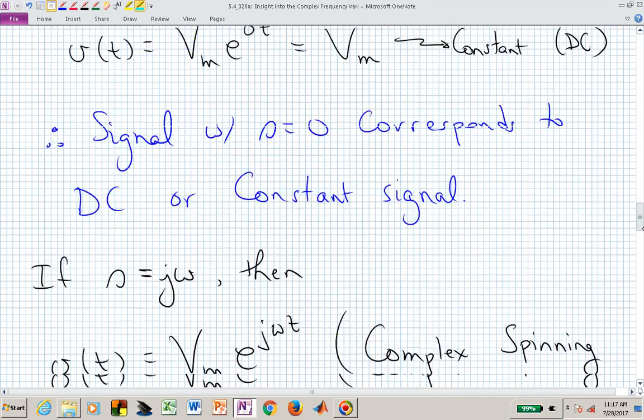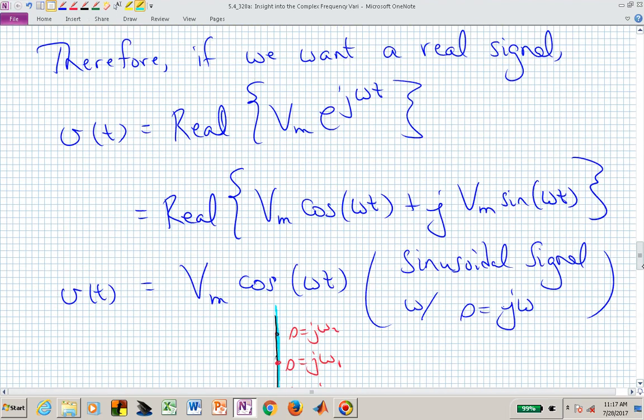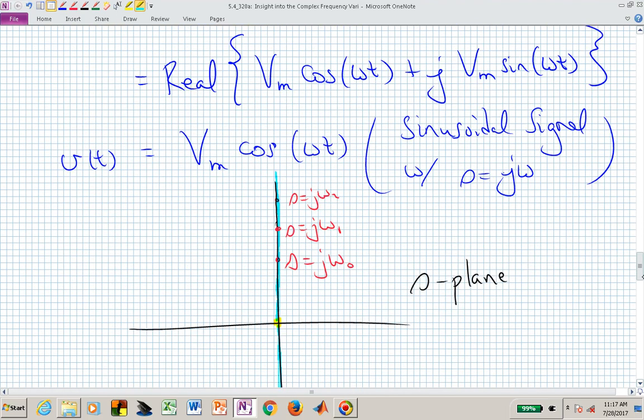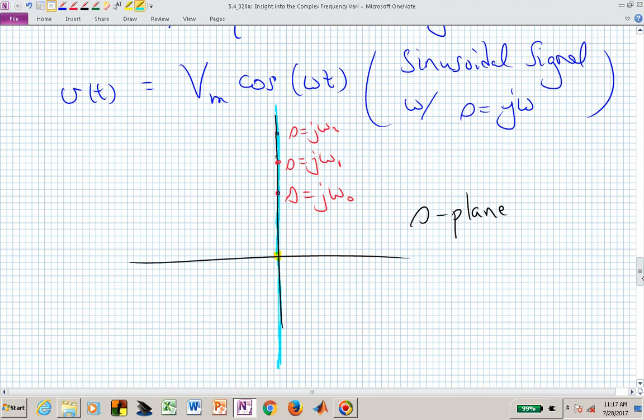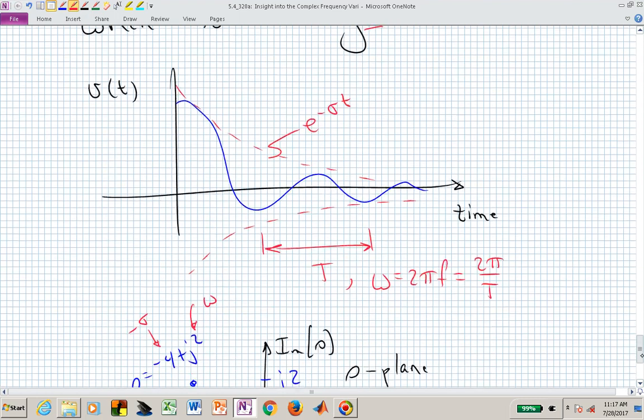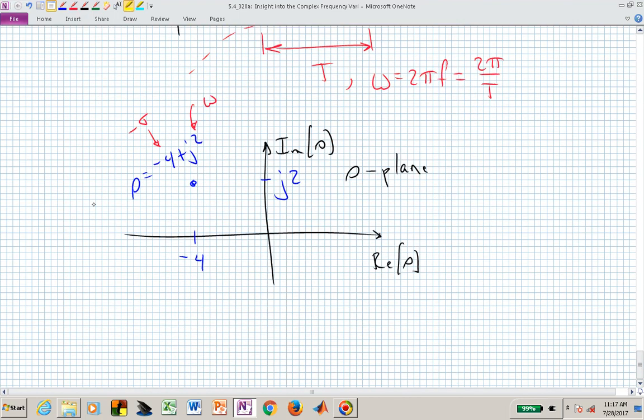And e to the minus st ranges from being a DC at the origin to purely oscillatory when it's on the imaginary axis. Here's the imaginary axis. If we're over here in the left half portion of the complex s plane, then we have a decaying piece, and if we're off the real line, we have a sinusoidal or an oscillating piece.